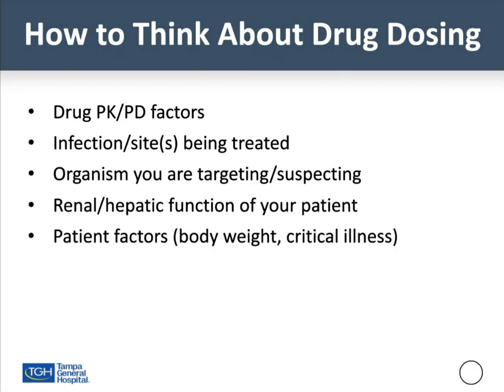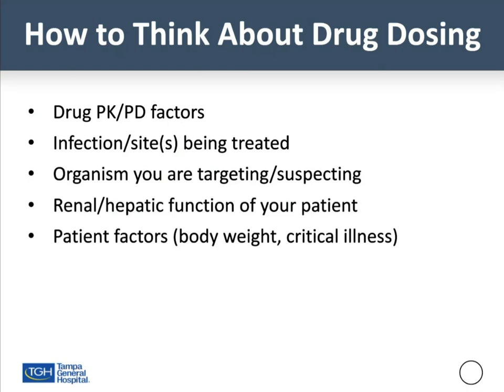Thinking about patient factors, so the patient's body weight is going to influence how much drug we give depending on where we want it to go, as well as different drugs that are weight-based are going to be dosed either by actual body weight, adjusted body weight, or ideal body weight. And that's certainly going to influence the dosing a lot if we have an obese patient.